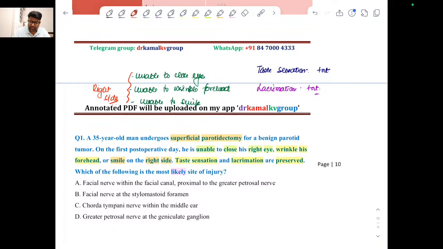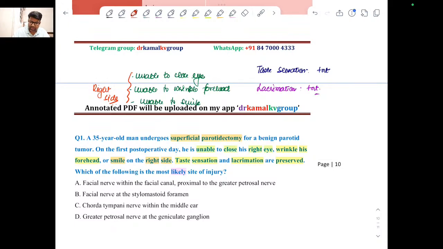So one thing is very clear, this is which type of lesion, upper motor neuron or lower motor neuron? Can you answer this? This is upper motor or lower motor? Very good.